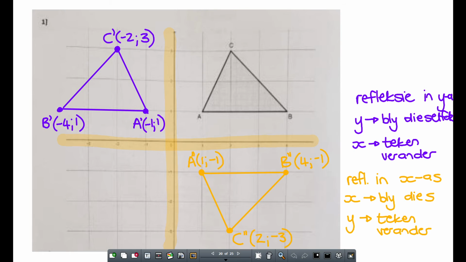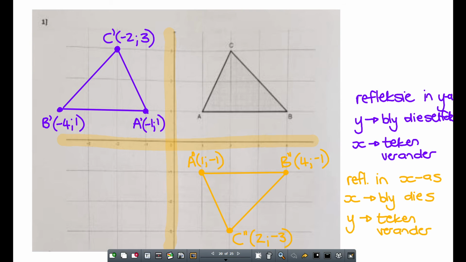Coordinates you didn't have to write down. I wrote them down just in case you guys couldn't see where it is exactly. But what you did have to do is name the points.